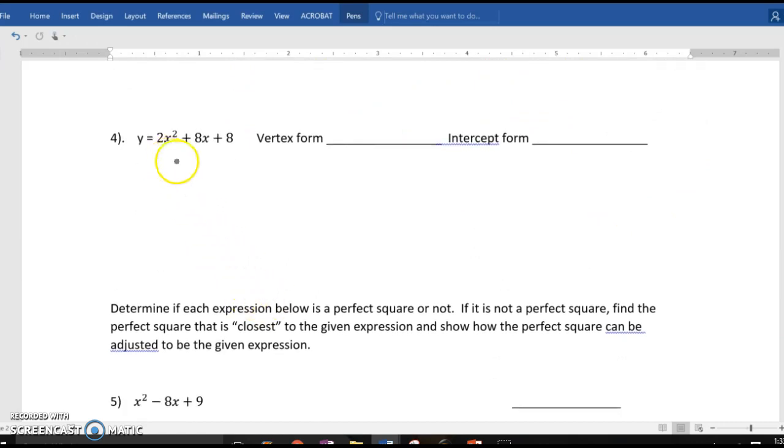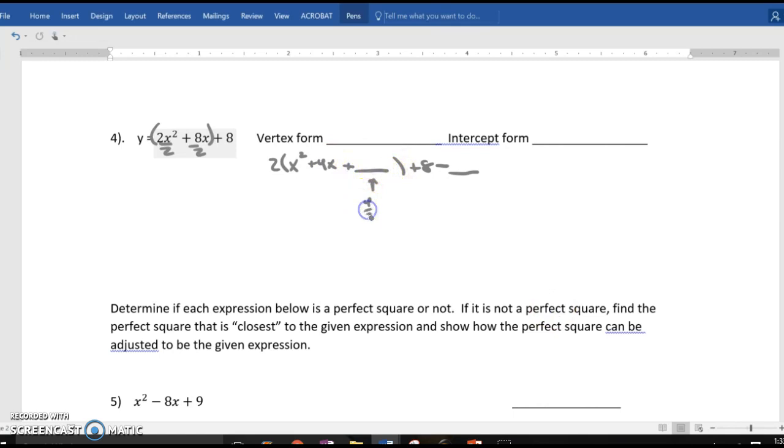Number 4, vertex form. Not a perfect square, or actually it could be a perfect square, right? But I know what we're used to, so I'm not going to confuse anybody. So I pull out the 2. I divide each of these by 2. I get x squared plus 4x plus some number. Then I have minus some number. So what am I going to add to the end here?